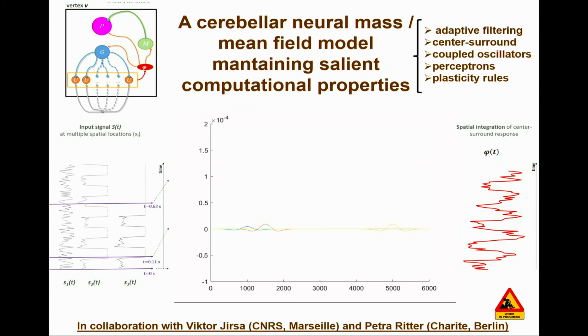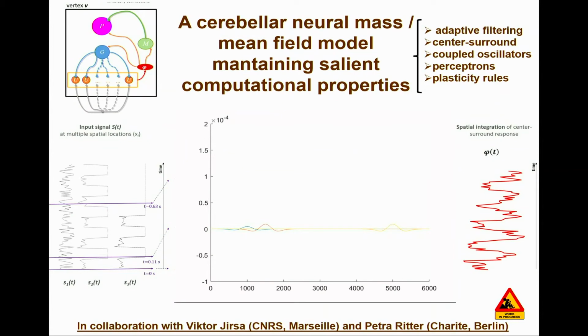In this mean field representation, we have maintained the properties of the network. These properties have been investigated during biological experiments, have been represented in models done with single neurons and models done with detailed representation of the neurons.